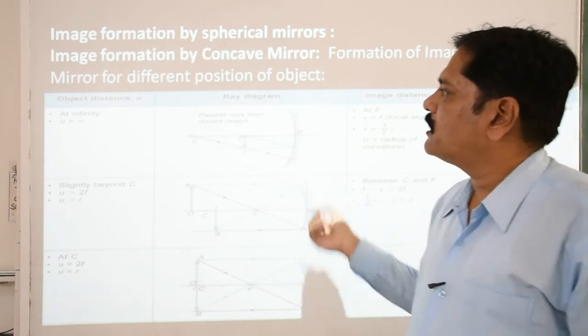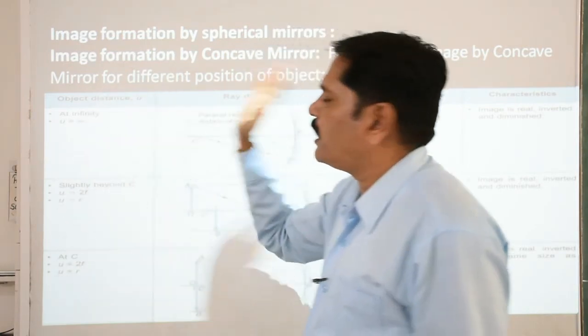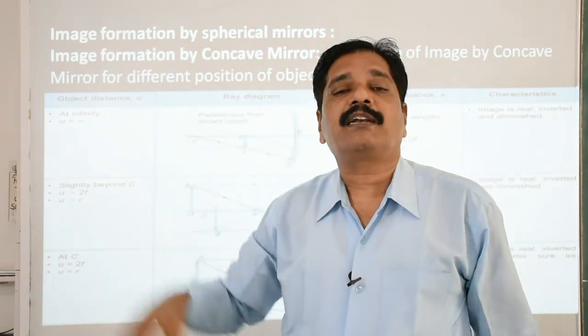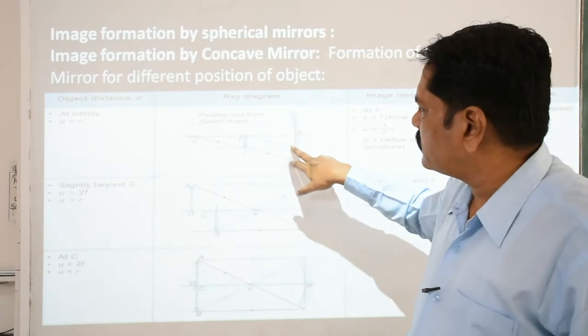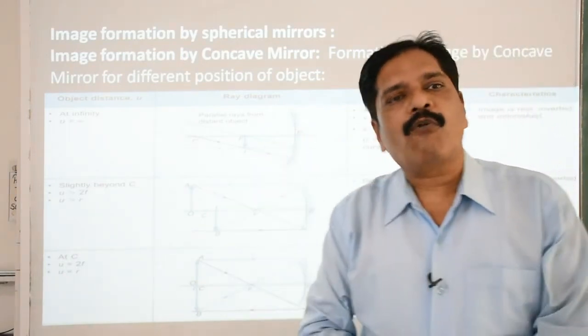First, we take the position of the object at infinity. Whenever light comes from infinity, it is always parallel. When this parallel light falls on the mirror, the image will form at the focus.